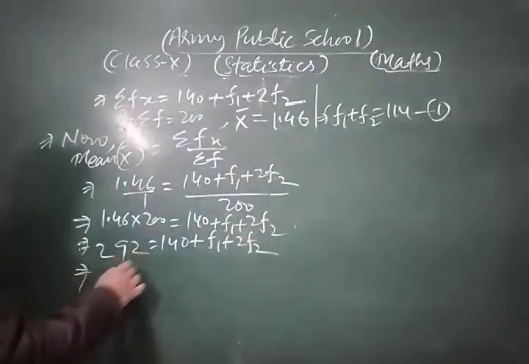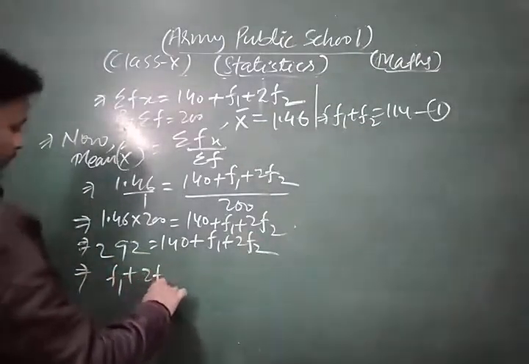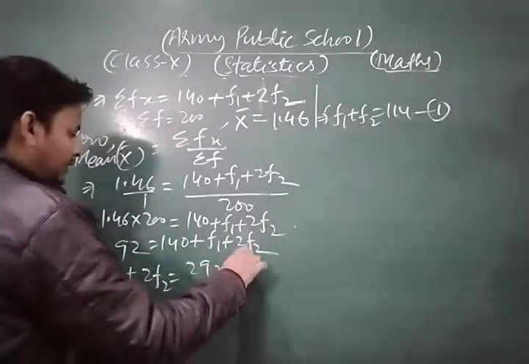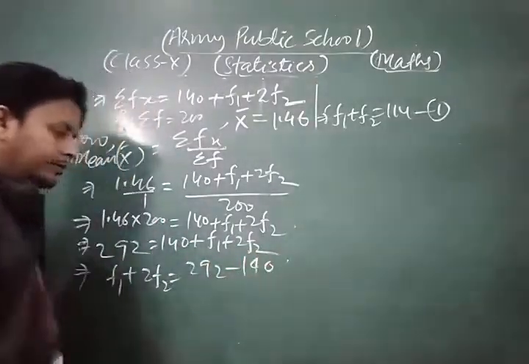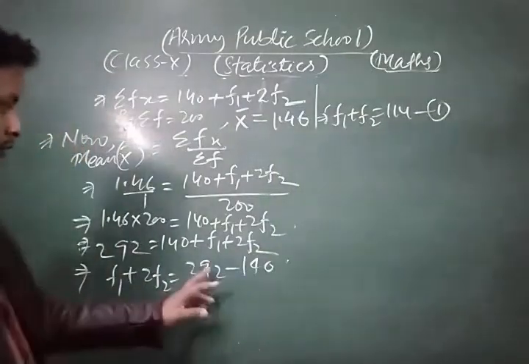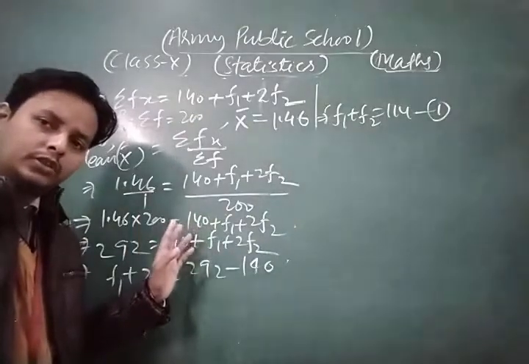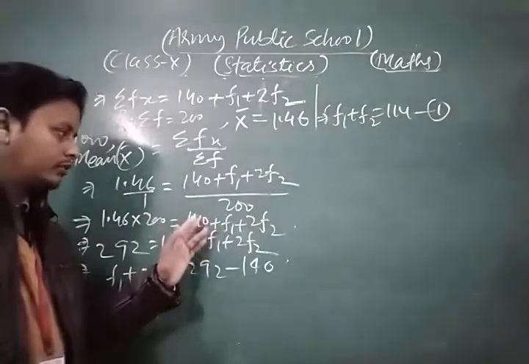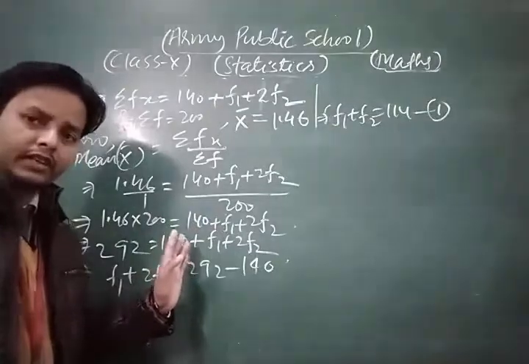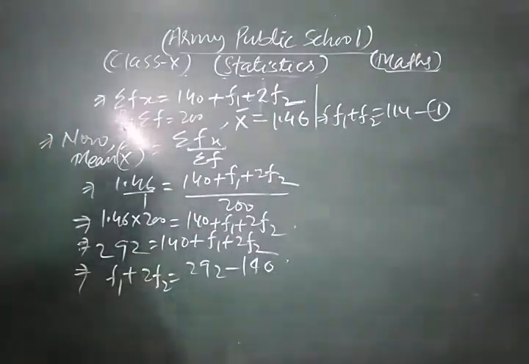This implies that f1 plus 2f2 is equal to 292 minus 140. After cross multiplication, we transfer 140 to the left hand side.